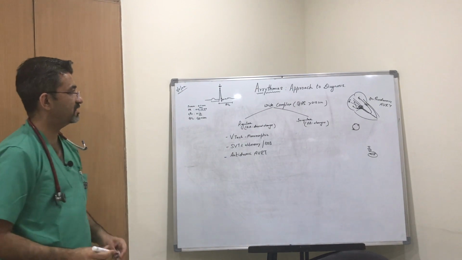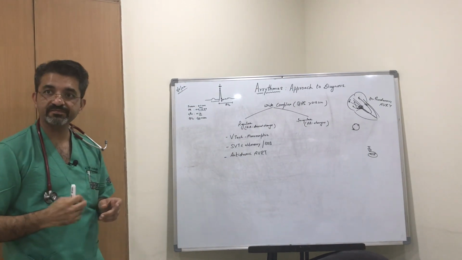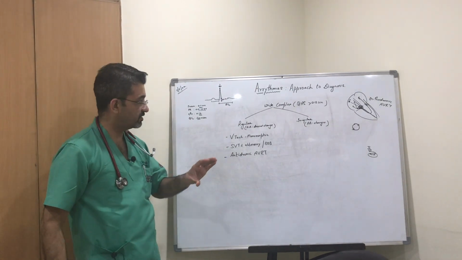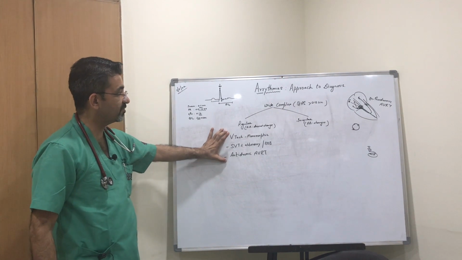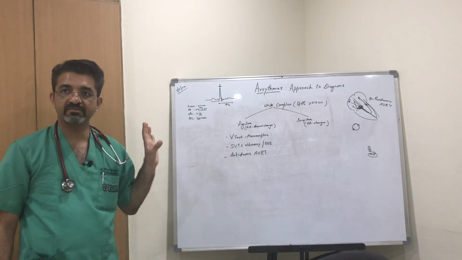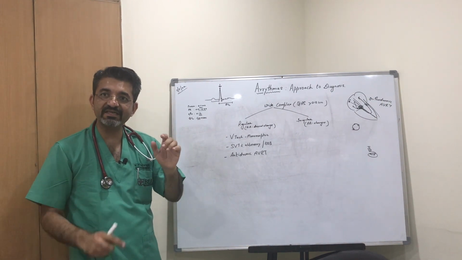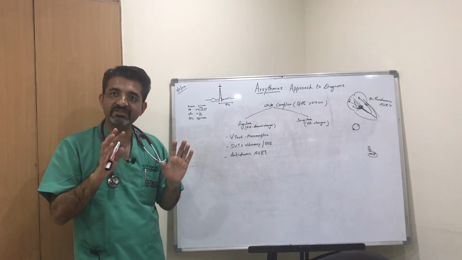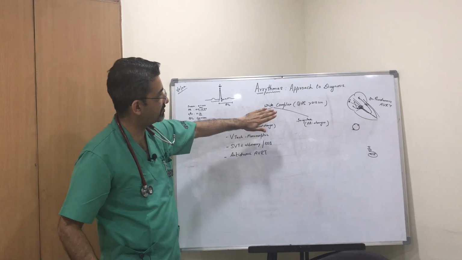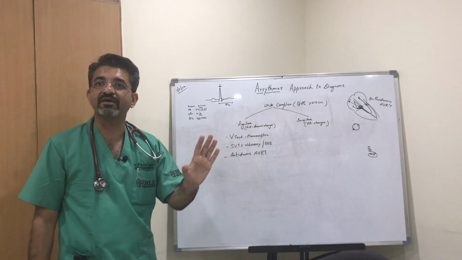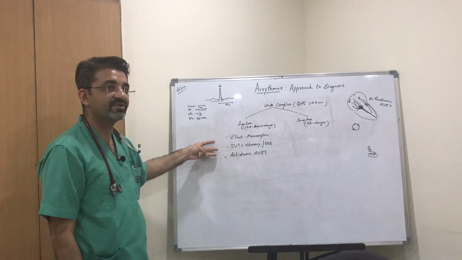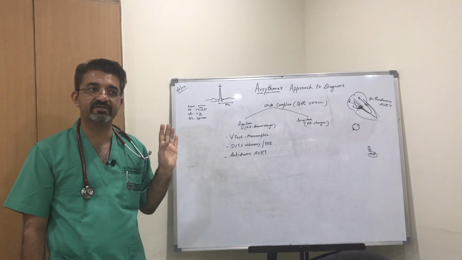So these are the three conditions. See, there can be a possibility that you are unable to identify any of this. So my sincere submission is that in ECG, in your exam, just identify that, sir, I have a wide complex regular tachycardia. These are the three differentials. That will fetch you enough marks.